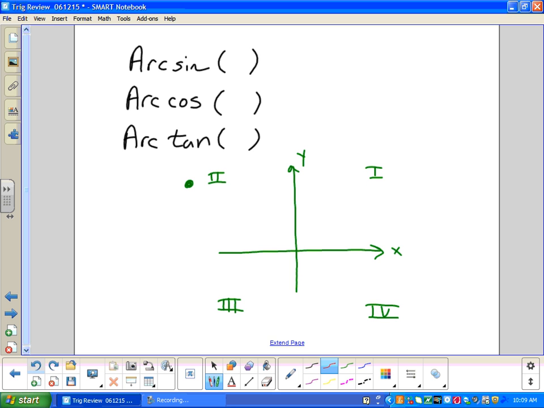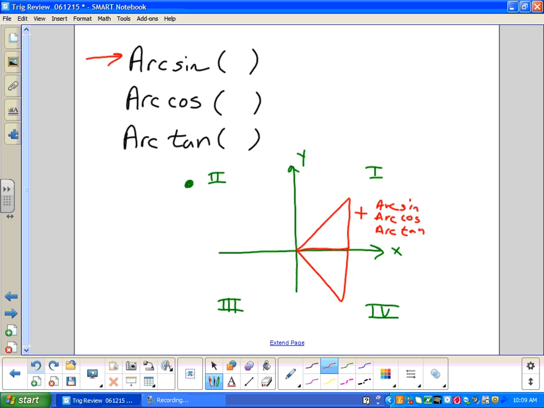So we know that sine, cosine, and tangent are all positive in quadrant 1. So when we can, when the arcs, we want to be in quadrant 1 for all three. The closest quadrant that's negative for arcsine and arctangent is quadrant 4. So for positive, all three, arcsine, arccosine, and arctangent, are all positive in quadrant 1.